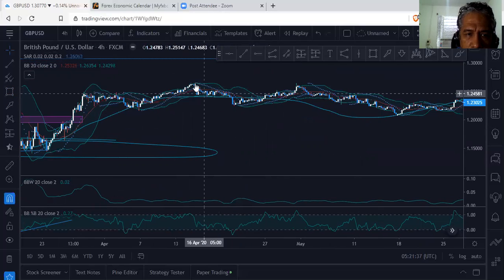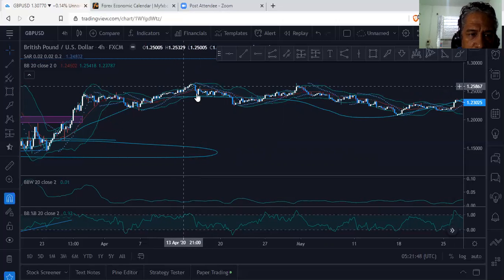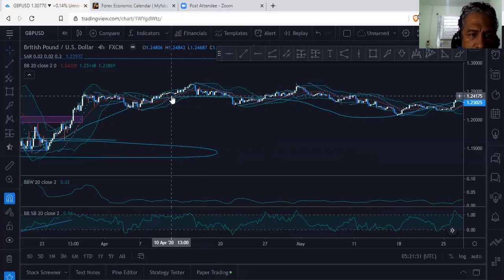The good portion is right here, but we have to wait for the retest. This is also a reversal, a variation of the head and shoulder pattern, the M pattern.